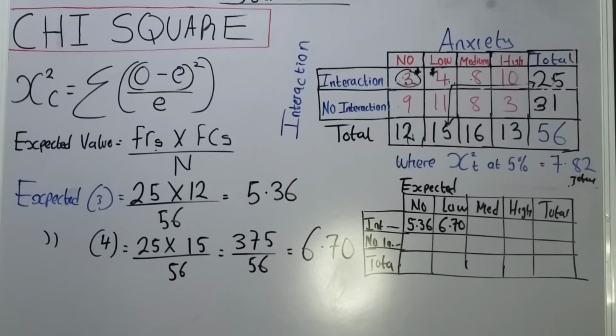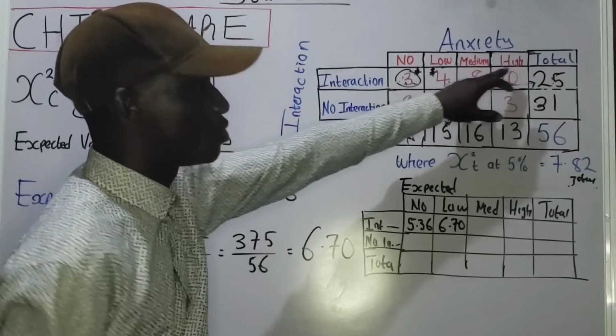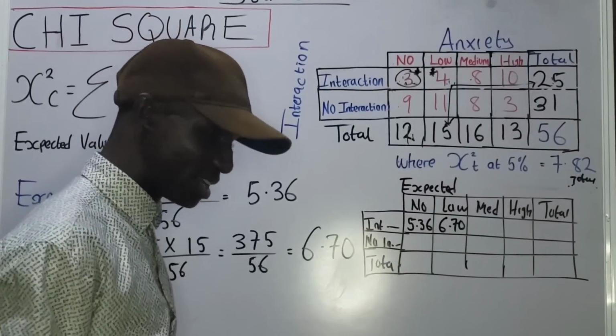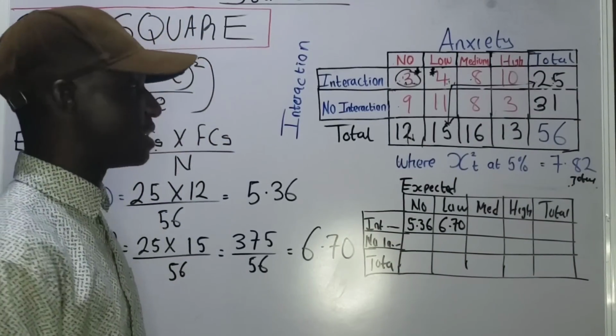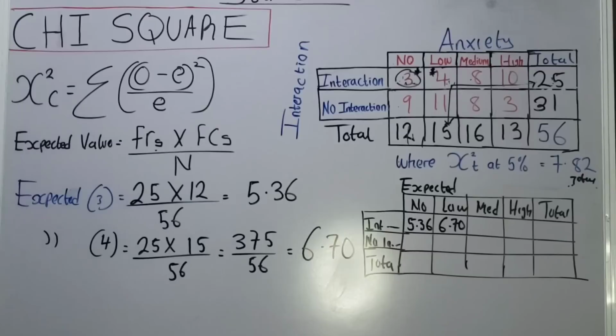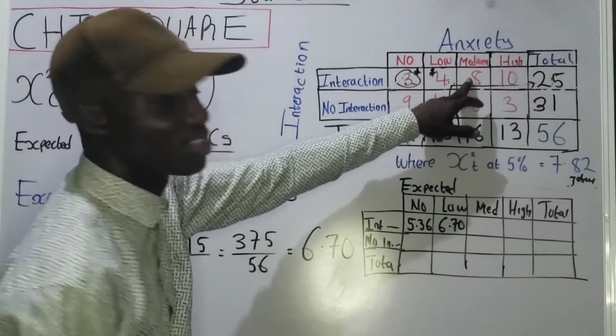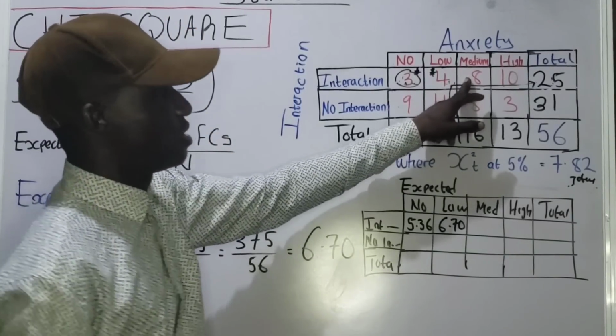Okay. So let's get the expected value of 8. I'm going to do this row. You can do the rest by yourself, okay? To get the expected value of 8, that will be the frequency of the row summation that 8 belongs to.